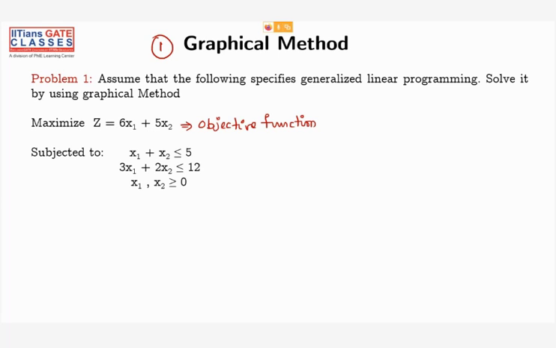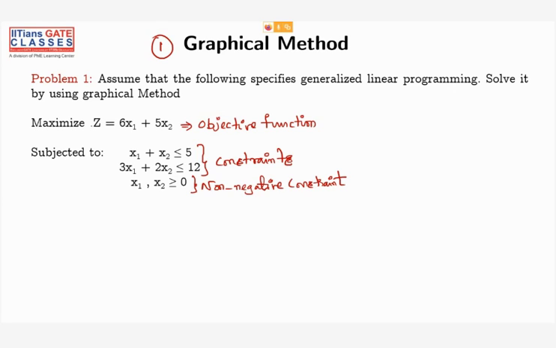In that, obviously I need three things. One is your objective function. Next are your constraints. These two are the constraints or conditions that I'm talking about. And the last one is your non-negative constraint. Now there is a method you have to follow to optimize this objective function.